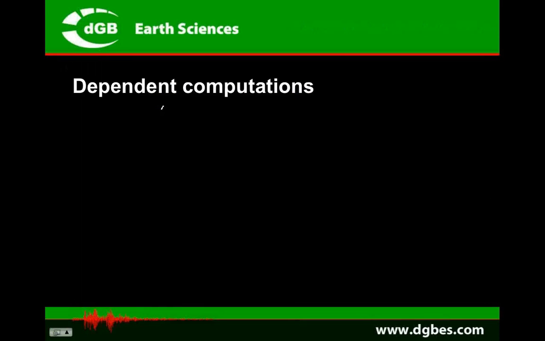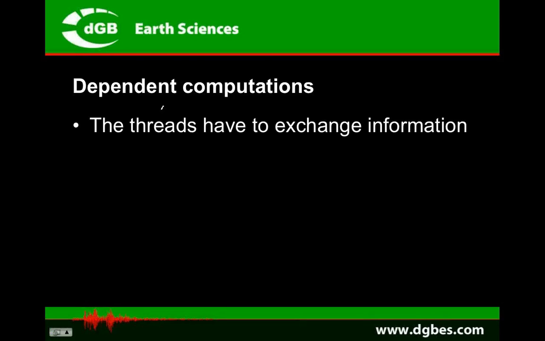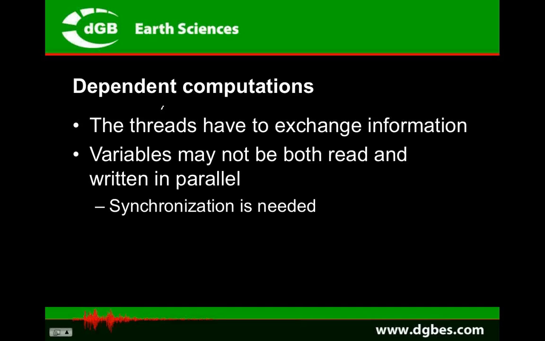Now let's look at dependent calculations a little bit and the tools we have for that in OpendTect. There are a couple of instances where we need dependent calculations, and that is when threads have to exchange information with each other, and/or variables. They may normally not be read or written in parallel. They have to either be read or they have to be locked and written, and so we need synchronization for that.